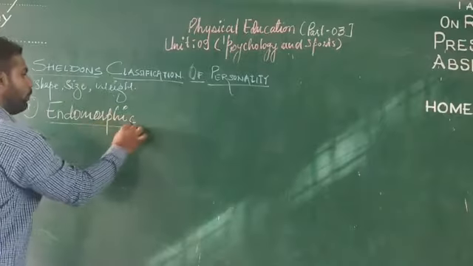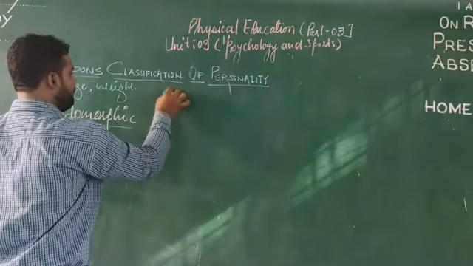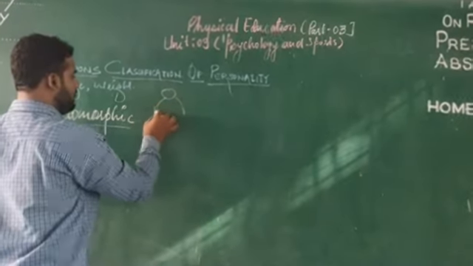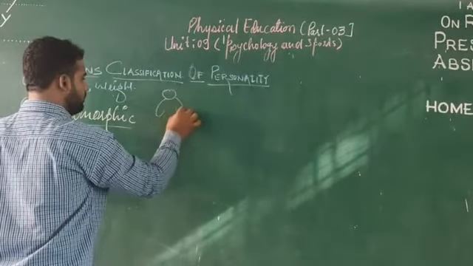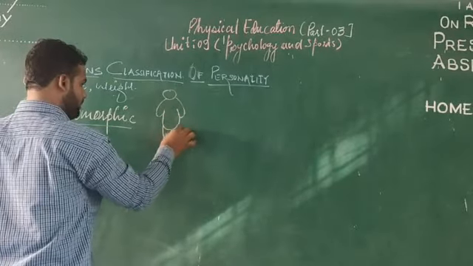Endomorphic. What do we mean by endomorphic? Endomorphic basically means a person who has a round shaped body, who has a lot of fat over the thigh region.